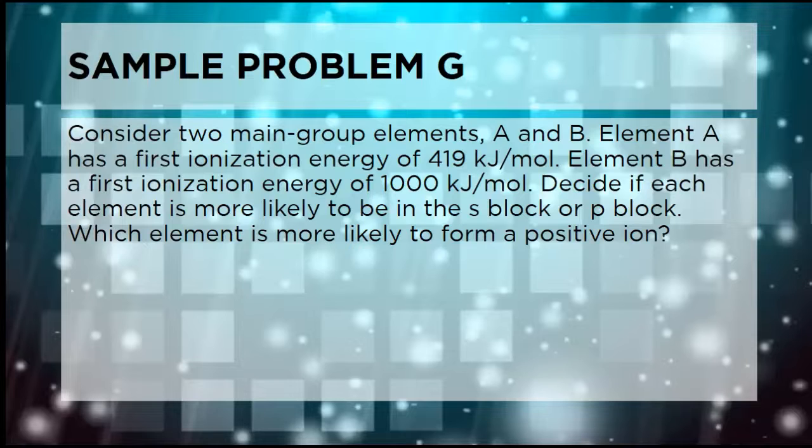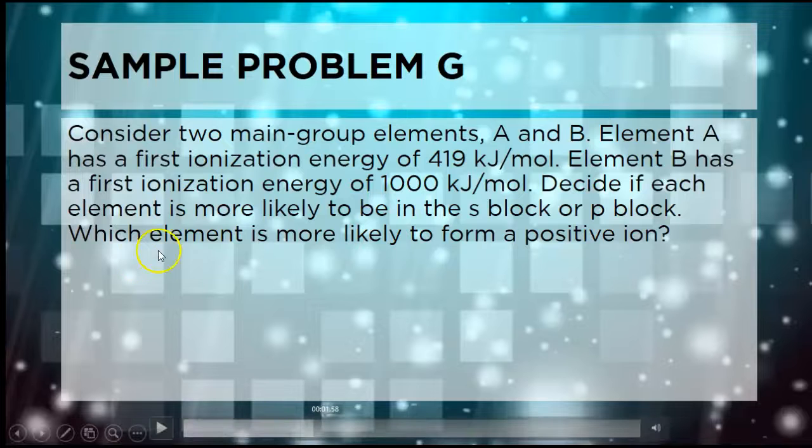Which one do you think would be more likely to be in the S block, and which one do you think would be more likely to be in the P block? Do you think the lower one would be over here in the S block, or would the lower one be the P block? Well, at least you think so. Do you agree?